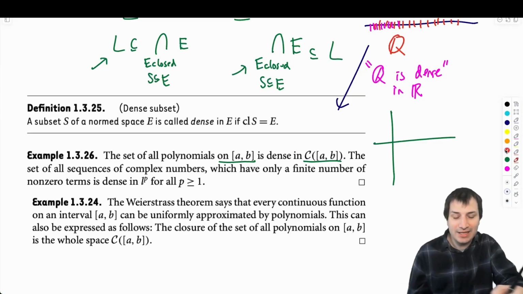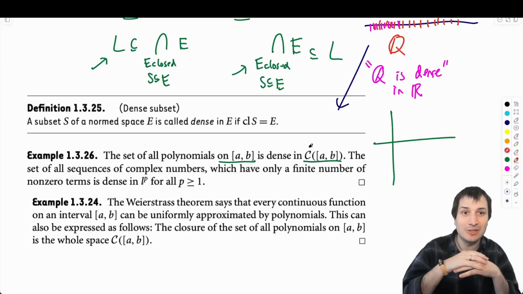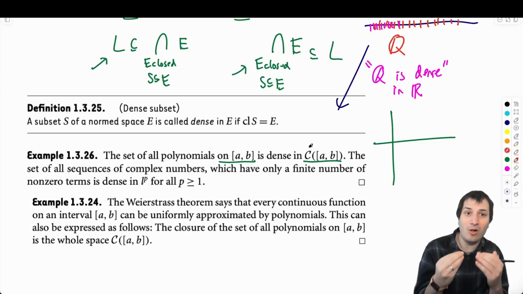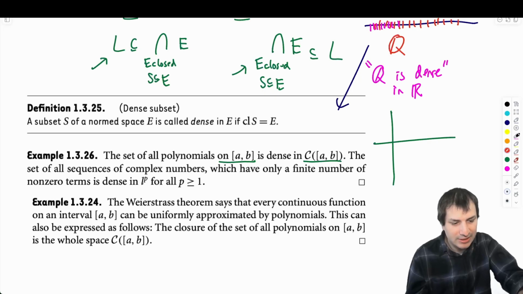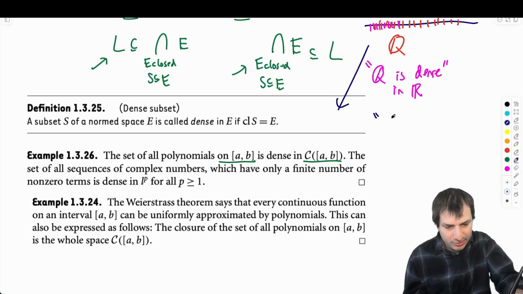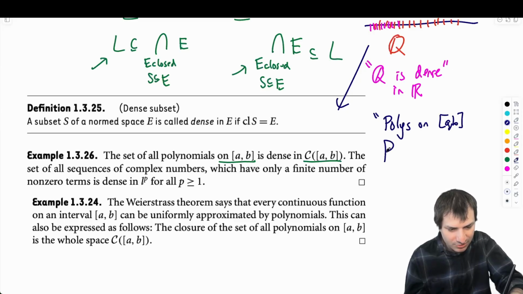And what this is saying is that if you take all the possible limits of polynomials, then you get all the possible continuous functions. So let's write that down another way. Let's say the polynomials on [a,b], I think earlier in the textbook this was denoted by P of [a,b], is dense in C of [a,b].